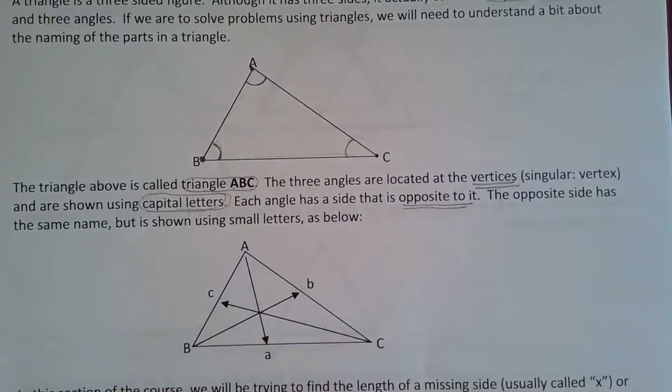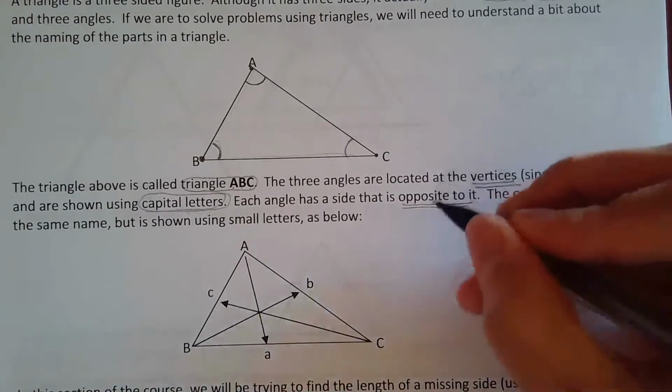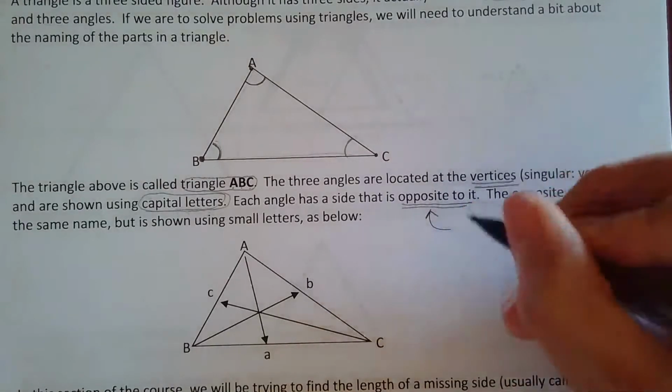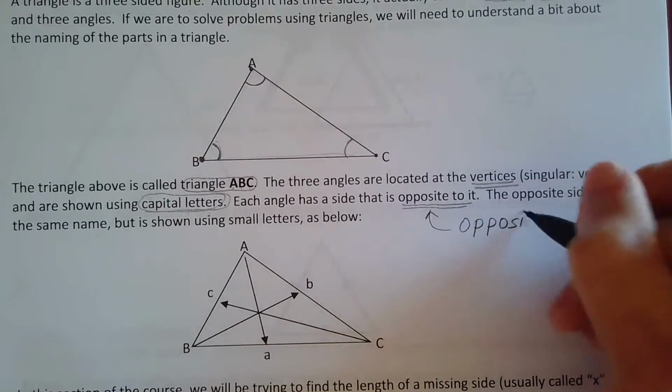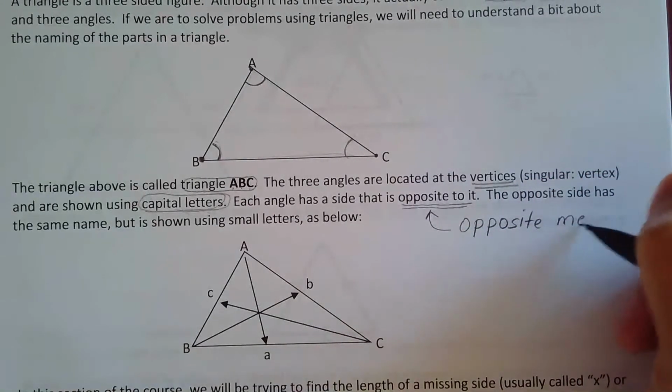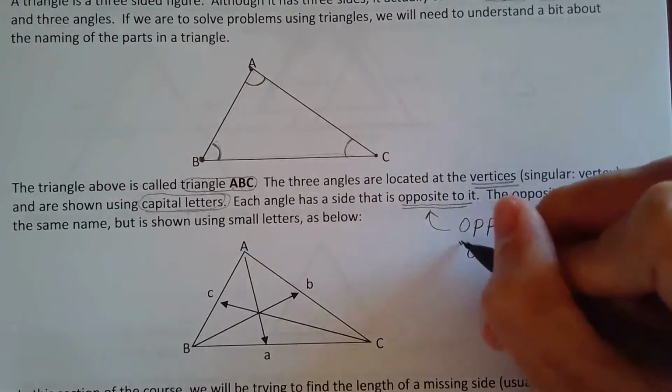If you've taken Essentials 30, we talked about the opposite side quite a bit. So what does the word opposite mean? Opposite means right across.